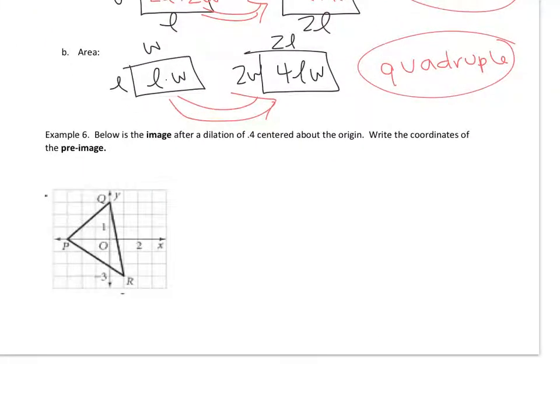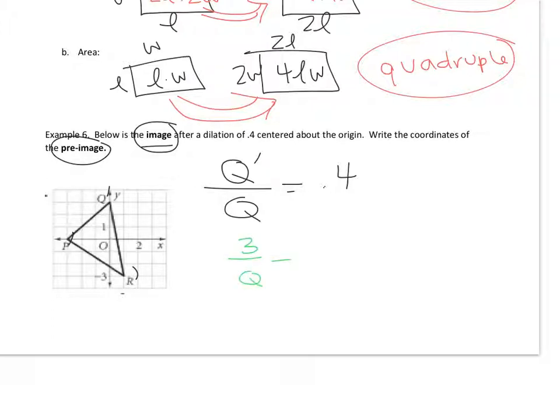And then down here, below is the image after a dilation of 0.4 about the origin. Write the coordinates of the pre-image. This time we know what the image is, but we don't know the original one. So these are all primes technically. If we know that 0.4 is the scale factor, then Q prime divided by Q has to equal 0.4. So if Q prime is 3, then 3 divided by Q has to equal 0.4.